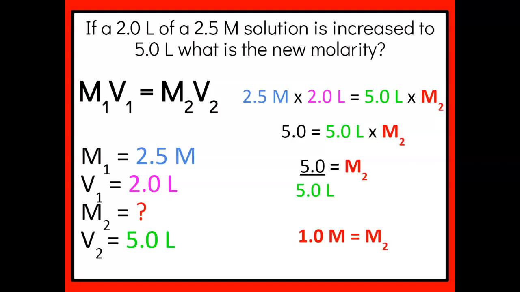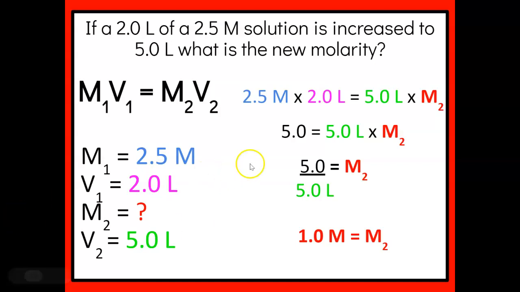So remember, molarity is equal to your moles over your volume, and then your dilutions, M1 V1 is equal to M2 V2. Now, for molarity, your volume has to be in liters. So the first problems that we did, those volumes have to be in liters.